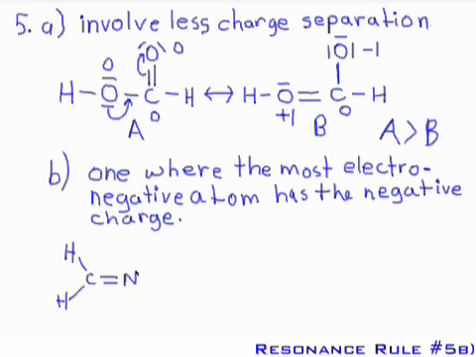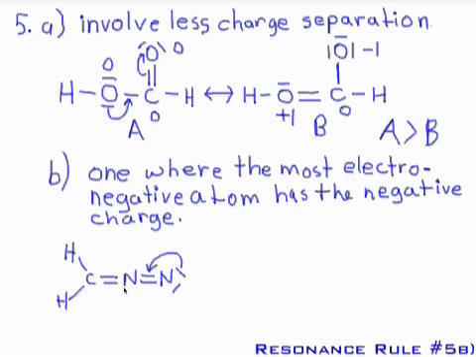And if I draw it in this structure, CH2N2, we have a structure that has 2, 4, 6, 8 around carbon, 2, 4, 6, 8 around nitrogen, 2, 4, 6, 8 around the other nitrogen.